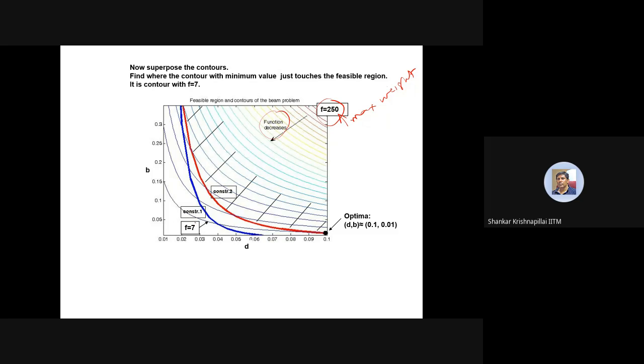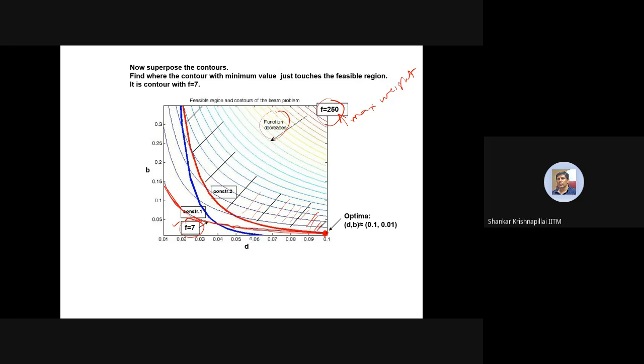So this contour's weight is equal to 7 kilogram. And you can see that this feasible region is just touching this 7 kilogram contour.